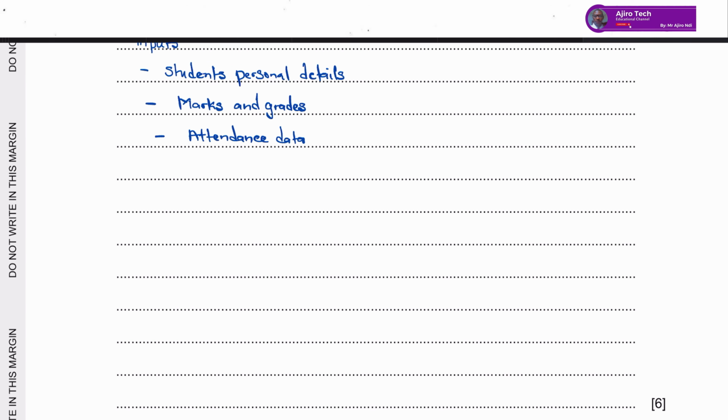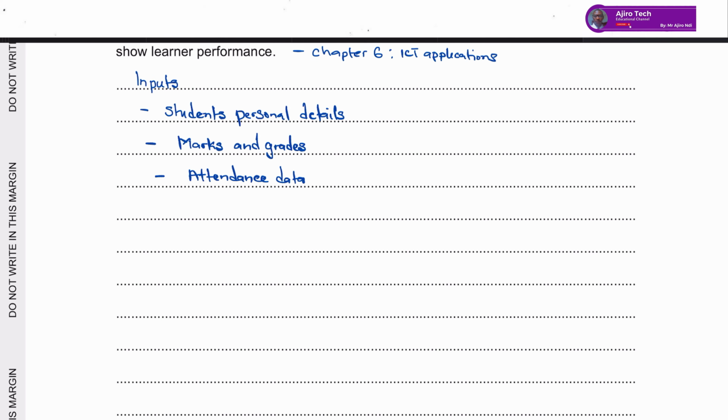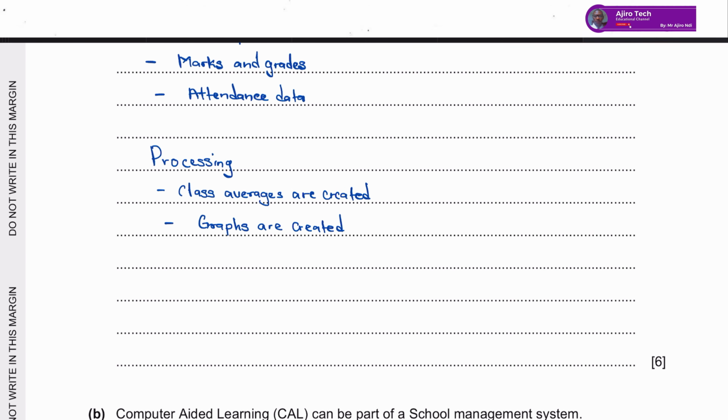Okay, let's talk about processes. Class averages are created. Graphs are also created. Output.